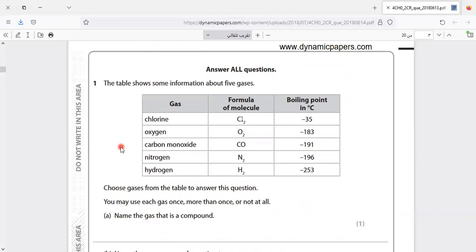You have to calculate the mass for them from the periodic table. Chlorine is 35.5, so two chlorine is 71. Oxygen is 16, two oxygen is 32. Carbon monoxide is 12 plus 16, which is 28. Nitrogen is 14, two nitrogen is 28. Hydrogen is 1, two hydrogen is 2. So which gases have the same mass? Carbon monoxide and nitrogen, both 28.